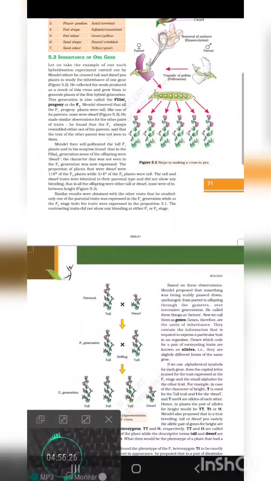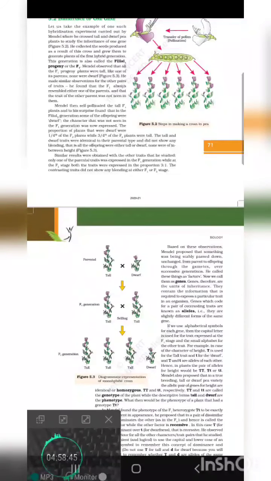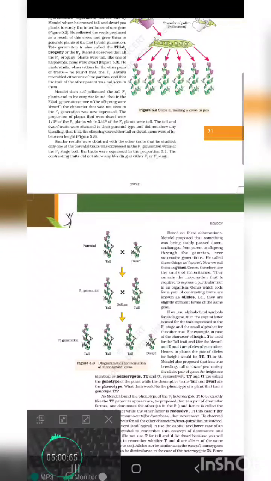Mendel then self-pollinated the tall F1 plants and, to his surprise, found that in the filial generation 2, some of the offspring were dwarf. The character that was not seen in the F1 generation was now expressed.